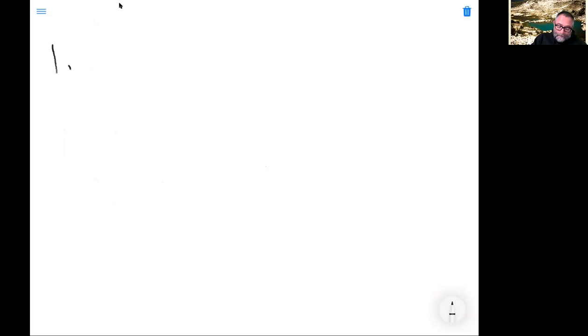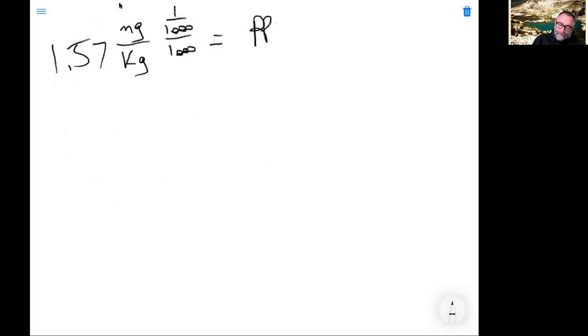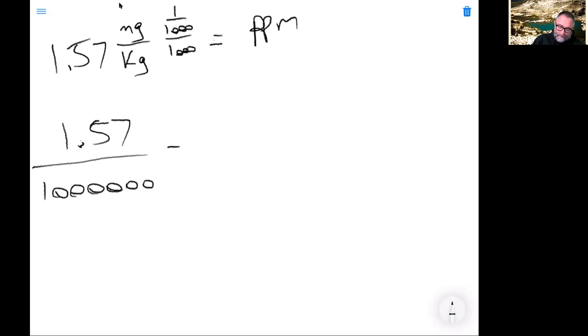Now, when you see milligrams per kilogram, that's basically 1,000th over 1,000. And if you know how to do fractions, that's the same as parts per million. So 1.57 over 1 million. And then you do the same thing. 1, 2, 3, 4.